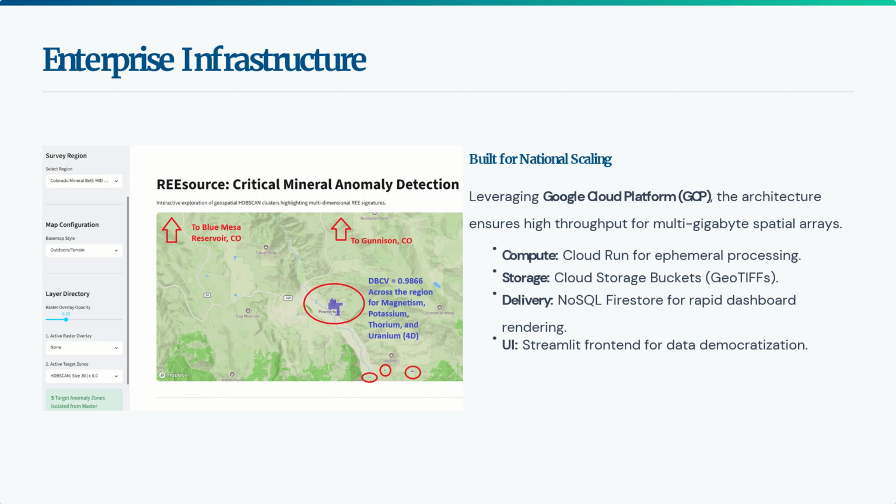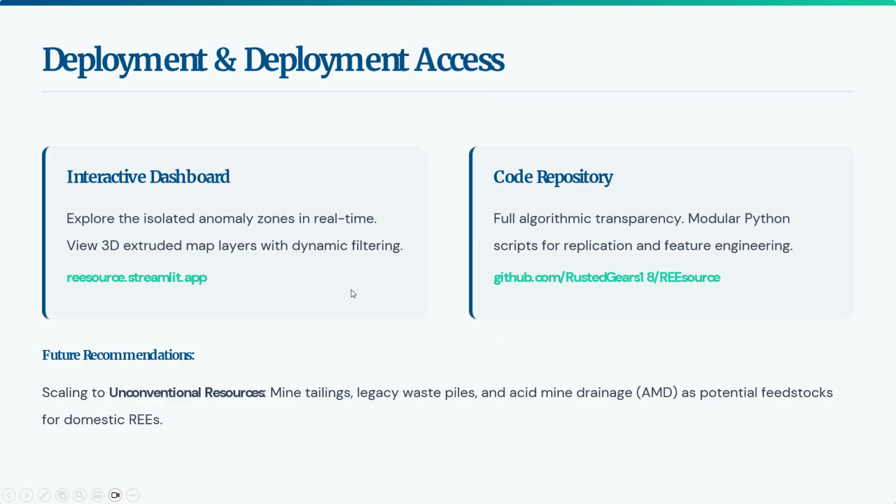And it puts the resulting areas of interest into an overlay on a map in an ephemeral application dashboard. This is using Streamlit for the front end. And we see the HDBSCAN, active target zones, and some more stuff about how the application was set up.